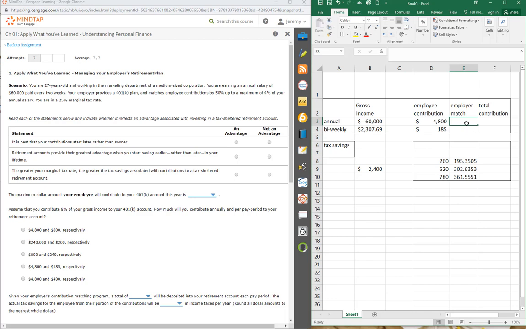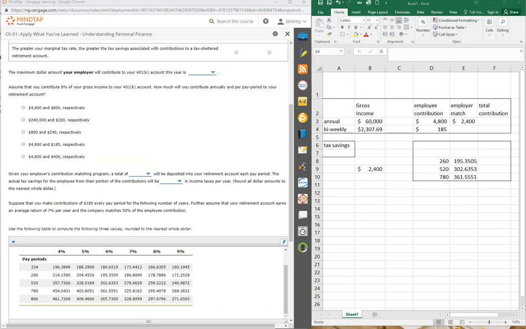Let's see what I think that's going to be right at the employer match. So I say employer is going to match 50% of whatever I contribute. So we're going to come right in at what that employee max match would be.